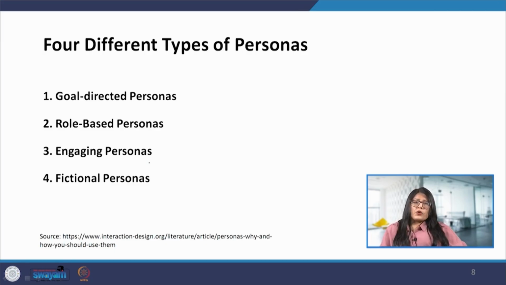Now, fictional personas do not emerge out of user research like we have seen in the previous personas, but they emerge from the experience of the user experience design team. So, it requires the team to make assumptions based upon their past interactions with the users and products to deliver a picture of what a typical user perhaps looks like.